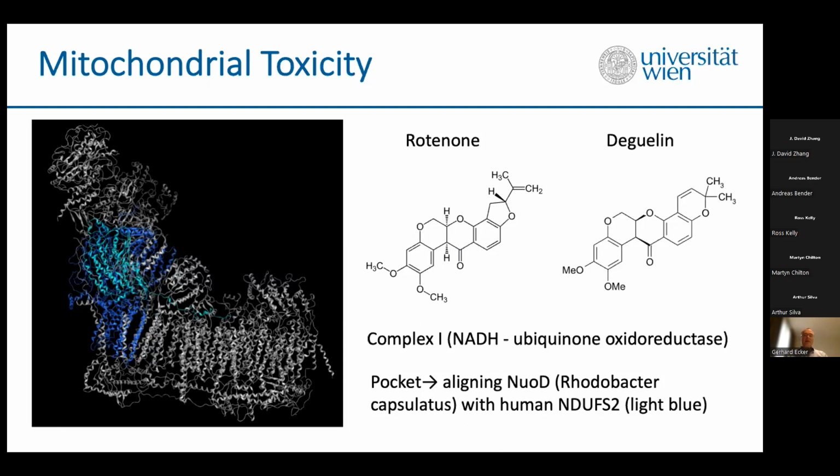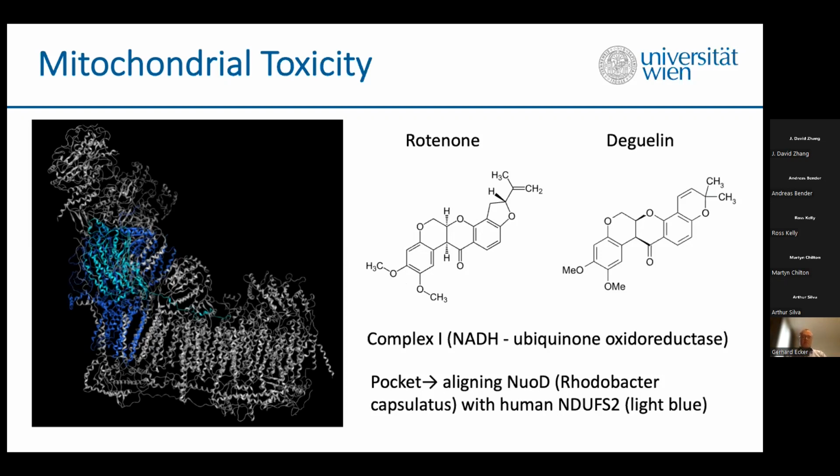So there, the question was, okay, we know that rotenone is binding to complex 1. Rotenone is a pesticide linked to Parkinson's. We know when you look at the AOP, you see complex 1 inhibition is the molecular initiating event. It is one of the potential molecular initiating events for Parkinson's.